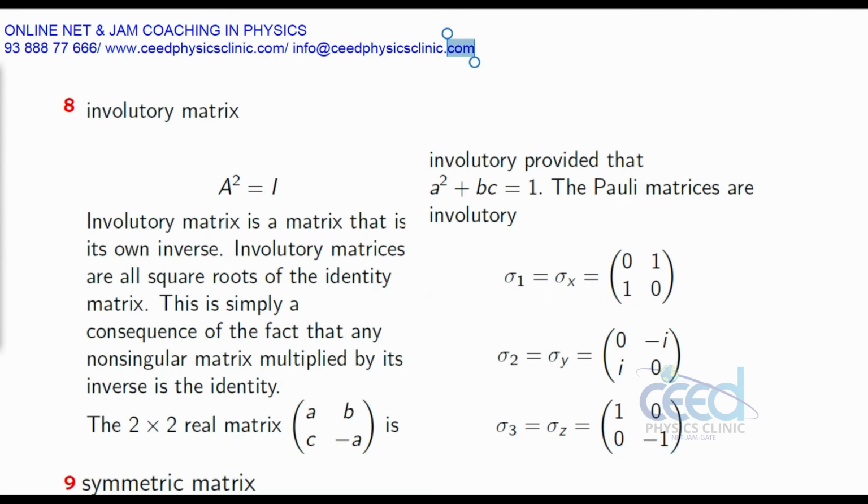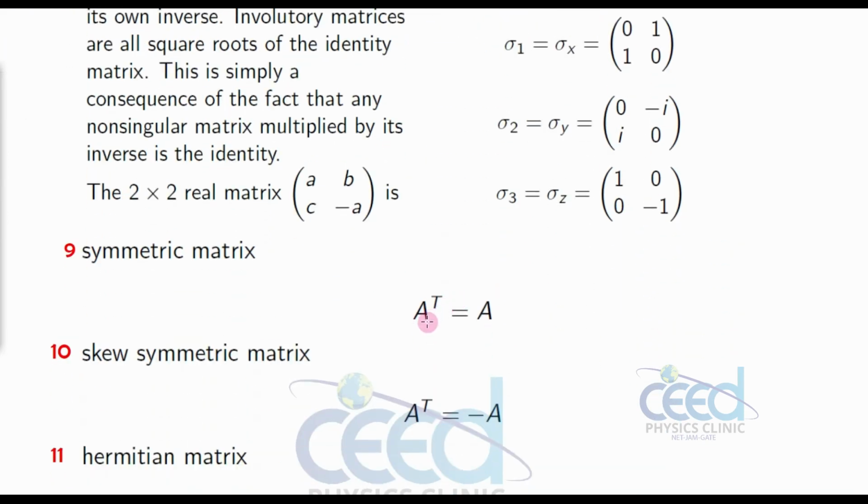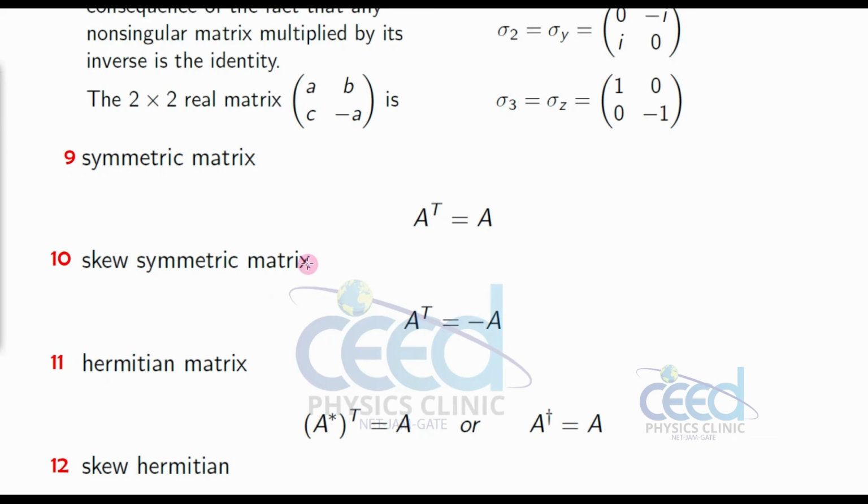Okay. Now let us go to another matrix, transpose of a matrix, symmetric matrix. Okay, symmetric matrix means, suppose if you find a matrix transpose, you are getting the same matrix, then you can say that is a symmetric matrix. And a skew symmetric matrix means, if you find the transpose of a matrix, you are getting the negative of the same matrix.